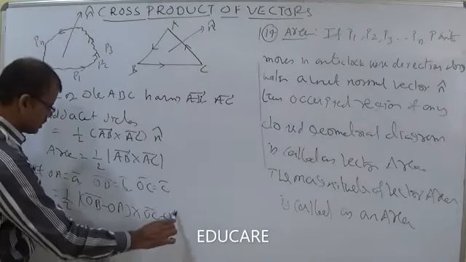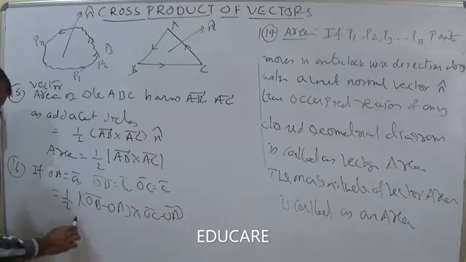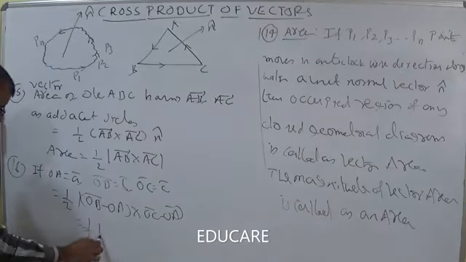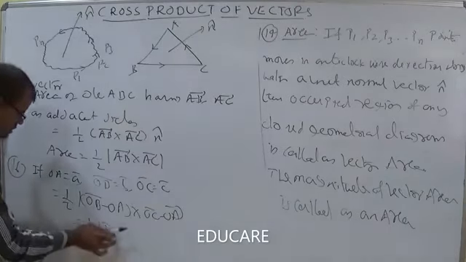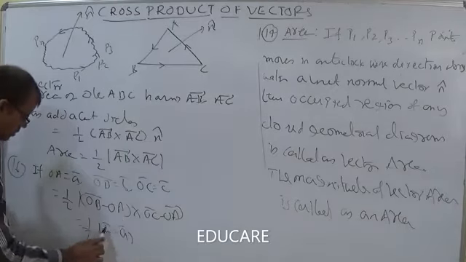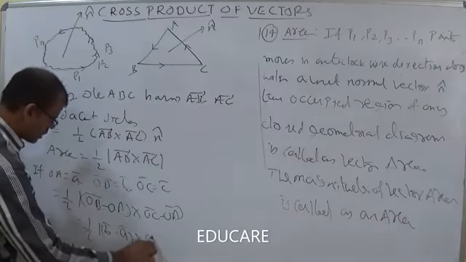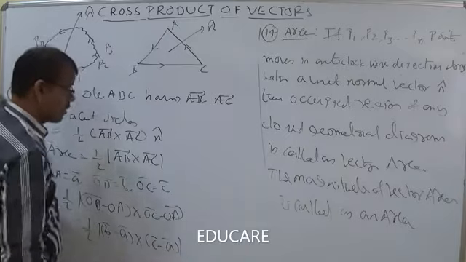You can write this as OB minus OA cross OC minus OA. In the previous class I said that this is B bar minus A bar cross C bar minus A bar.